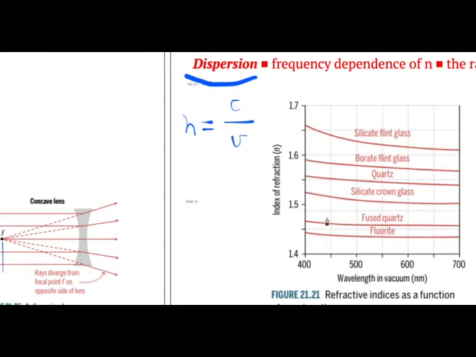But it also depends on the frequency of the light. It's really the interaction of the electric field in the electromagnetic wave with the electrons in the atoms. And the different materials have different kinds of atoms and molecules. Now, there's a relationship between wavelength of an electromagnetic wave and frequency. Wavelength times frequency is the speed of light.